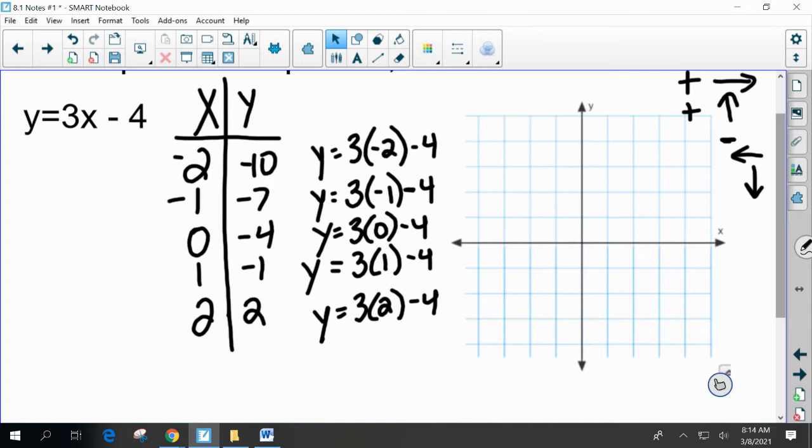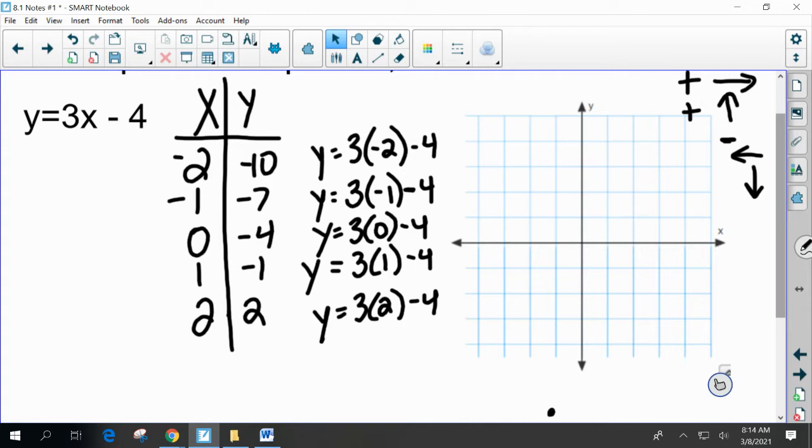So let's look at the next one, -1, -7. That tells me I have to go left 1 and down 7. So I'm just going to kind of estimate, like this would be 5, 6, 7 would be right there. And then next we would have 0, -4.